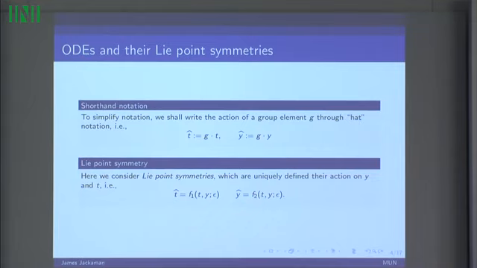So we can't take y and map it to y_t. Epsilon is now the group operator G? Epsilon are the parameters of the group action. The group action always depends on some number of parameters, and here I'm just denoting them epsilon.